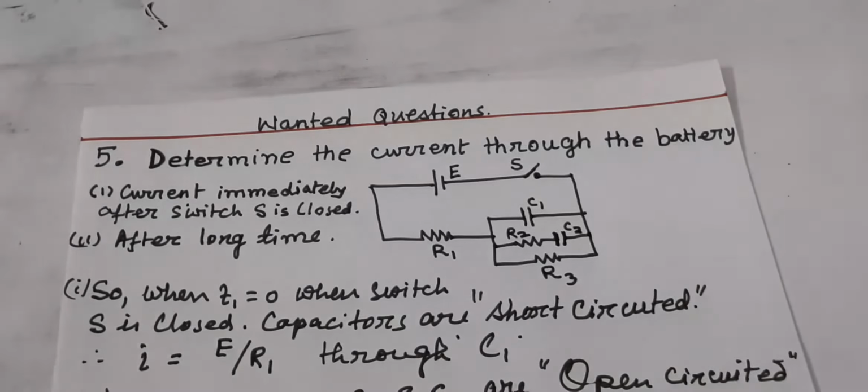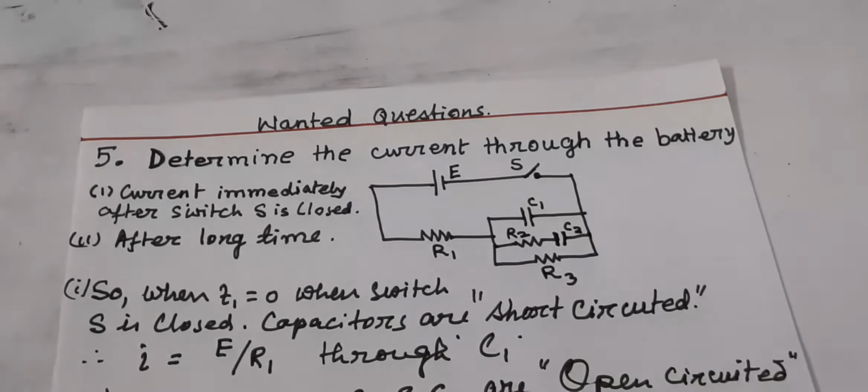That means immediately after connection, we know that at t equal to 0, capacitors are short circuited, I mean no resistance is there, so current will follow that path.